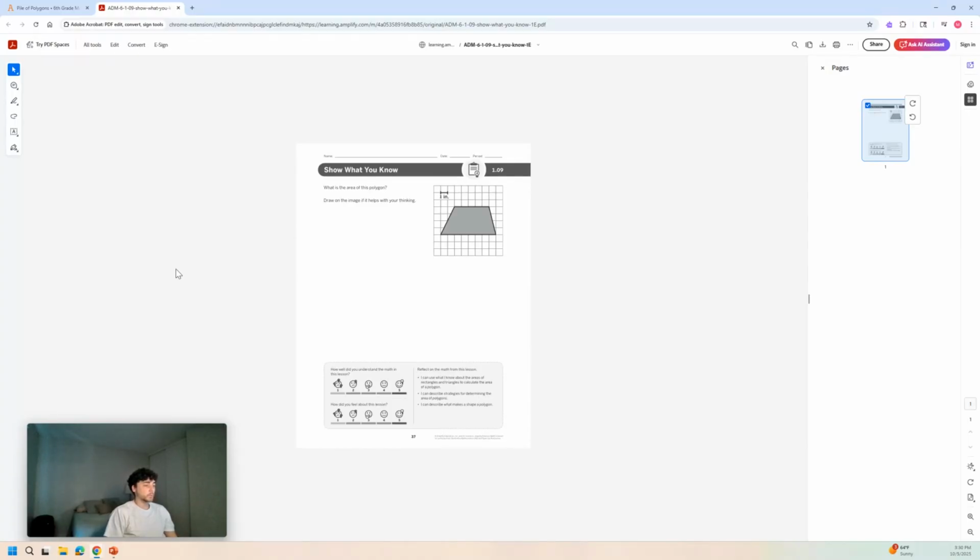This is independent work. I want you to show me what you learned today by finding the area of this polygon. Great work today. Tomorrow we'll be coming back to this. We'll be addressing some misconceptions and we'll be moving forward to solve real-world area problems. You can pack up.